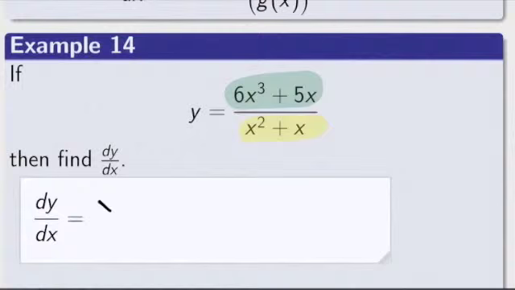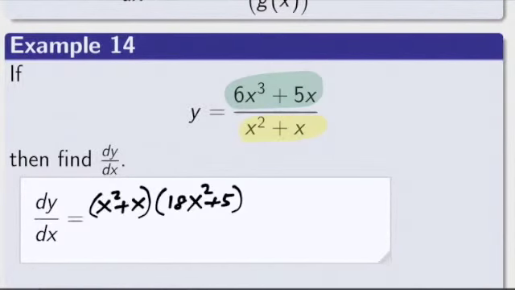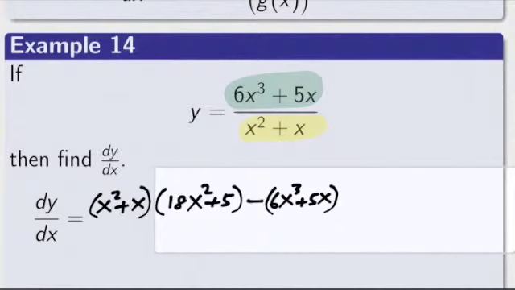So it's the function in the denominator, x squared plus x, times the derivative of the function in the numerator. So the derivative of 6x cubed is 18x squared, the derivative of 5x is 5, minus the function in the numerator, which is 6x cubed plus 5x, times the derivative of the function in the denominator.